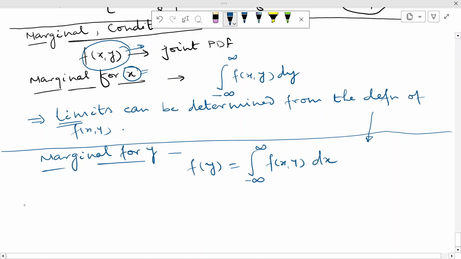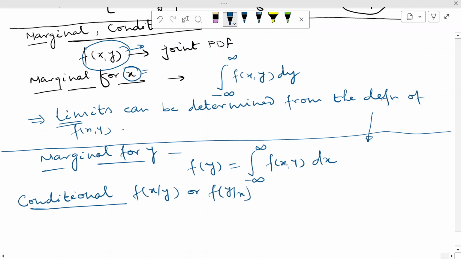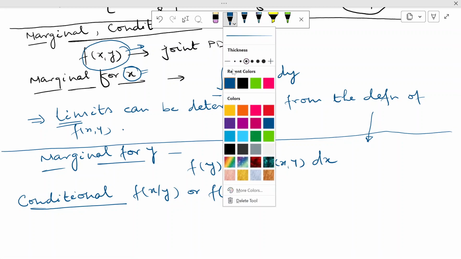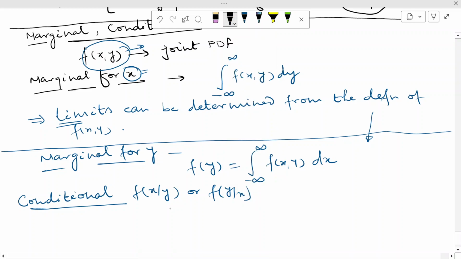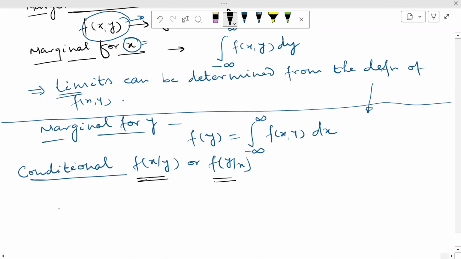Now once we have the marginal, we can easily find the conditional density function. So the conditional, or you can say f of x given y or f of y given x. So we can find the expression of these two conditional density functions. So f of x given y means the conditional density function of x given y.